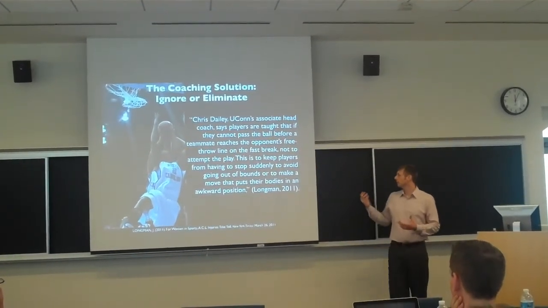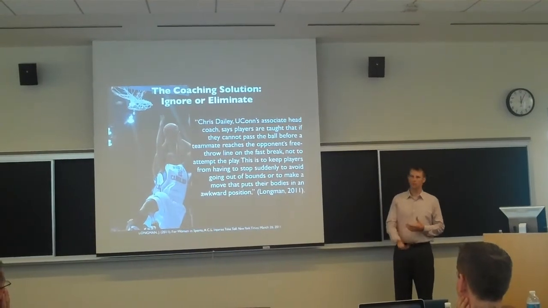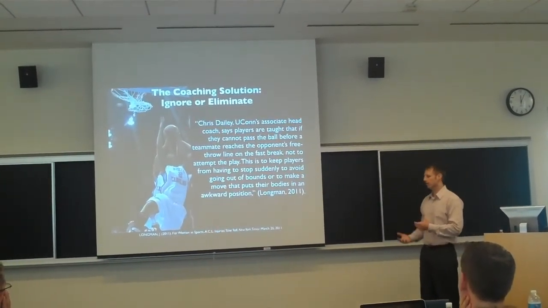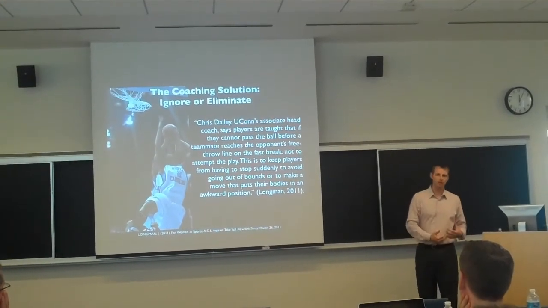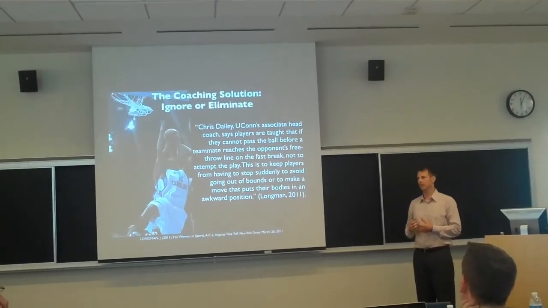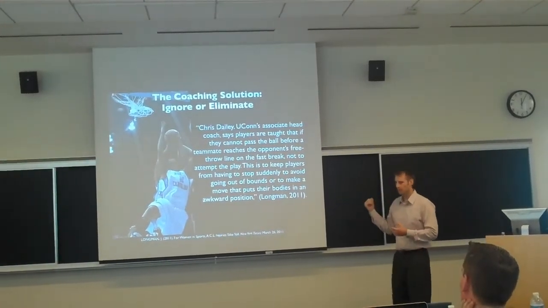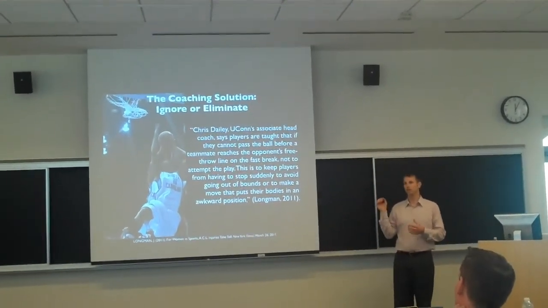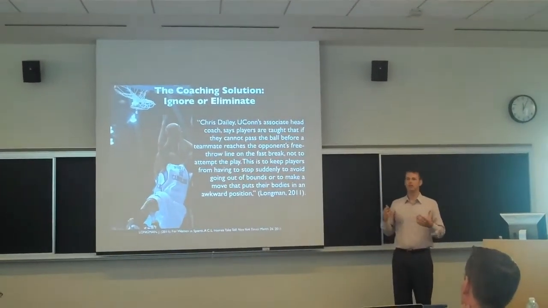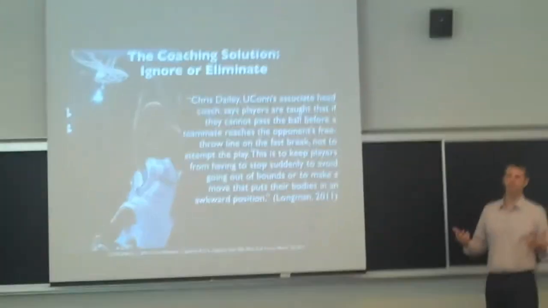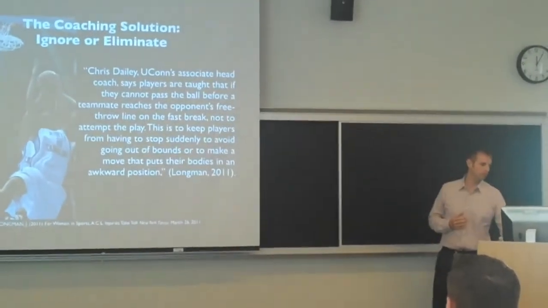But the problem is, as much as they put this rule into place about not passing past a certain point, once you get in a game and there's defensive pressure and you see somebody open and you need a basket late in the game, how many players are going to be able to think, oh wait, no, we have this rule, so I'm not going to make the pass, versus, no, I'm going to go for it, we need the layup? In a game situation, things happen. So as much as you want to try to take away or limit players, you can't limit all the scenarios of a game.